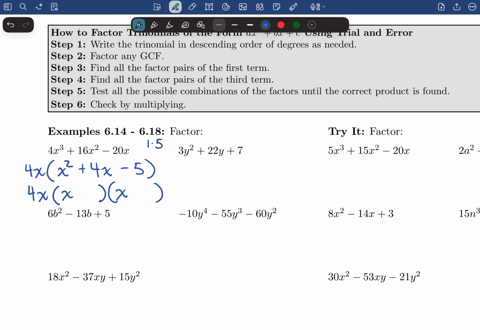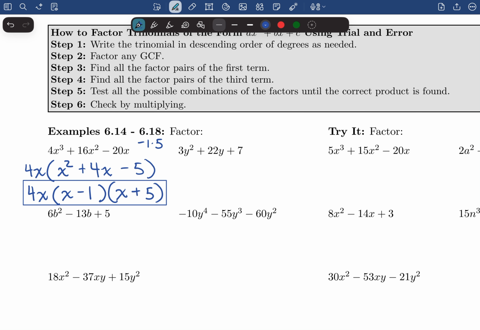Well, I would have to make the 1 negative, which makes sense because negative 1 times 5 is negative 5, and negative 1 plus 5 is 4. That's exactly what I want. So we write those in the parentheses with x, the negative 1 and the positive 5. We're done. We have factored this trinomial completely.